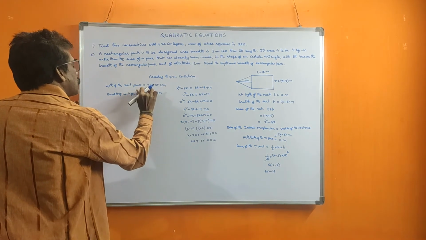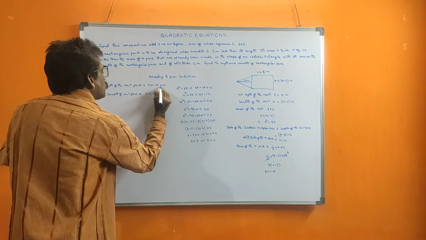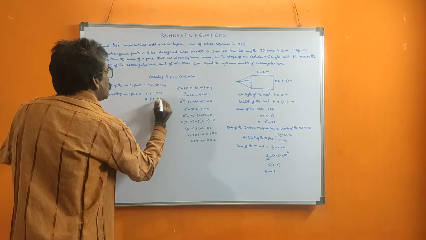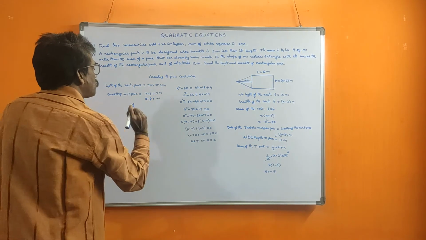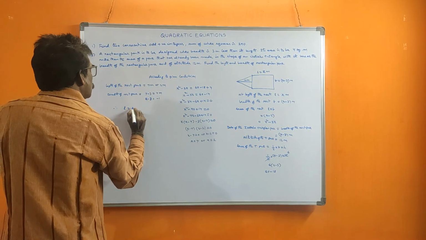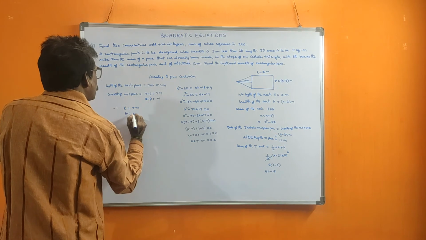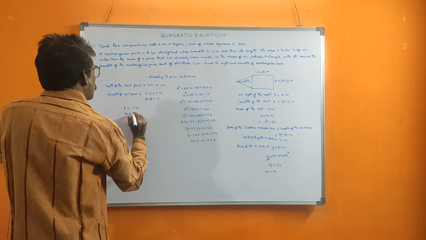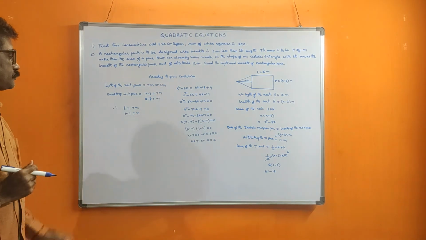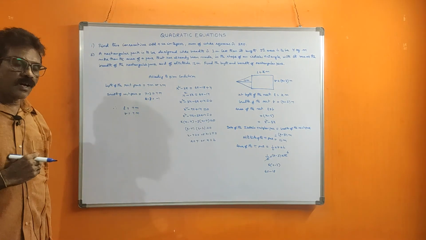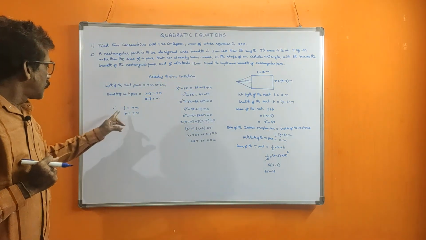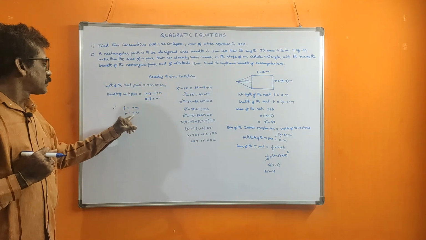Suppose length is 2, then breadth is 2 minus 3, that is minus 1. Not possible. That's why only positive values. Therefore length L is equal to 7 only, breadth B is 4 meters only. These are the answers. That means the length and breadth of the rectangular park are 7 and 4.